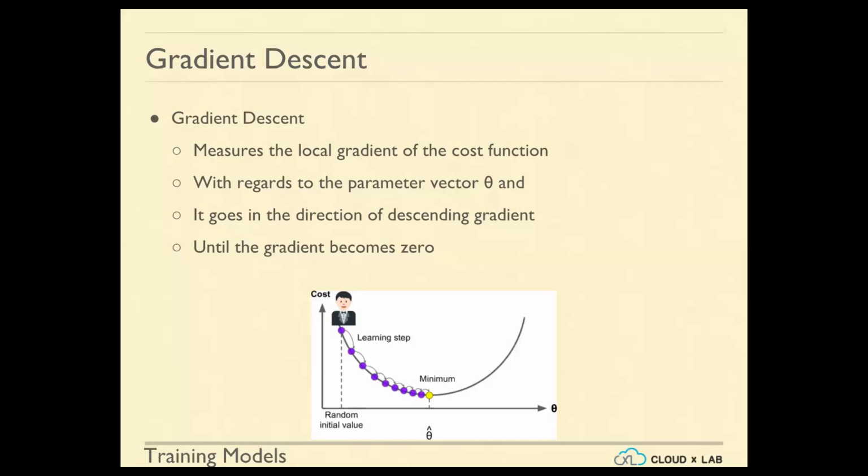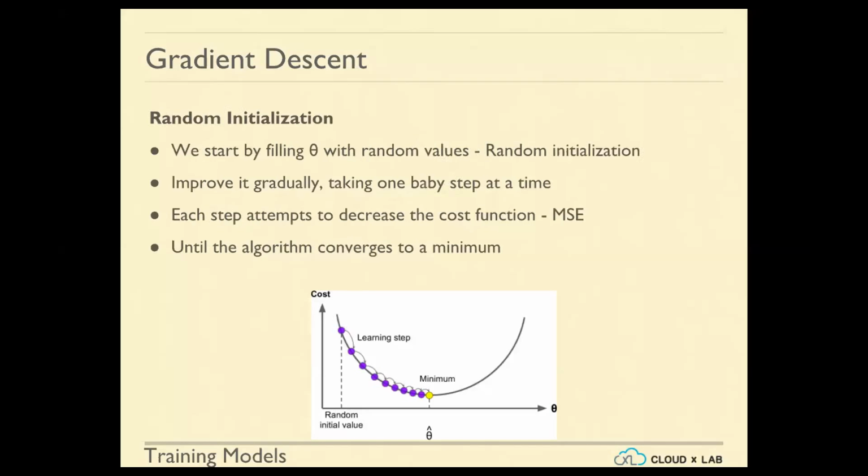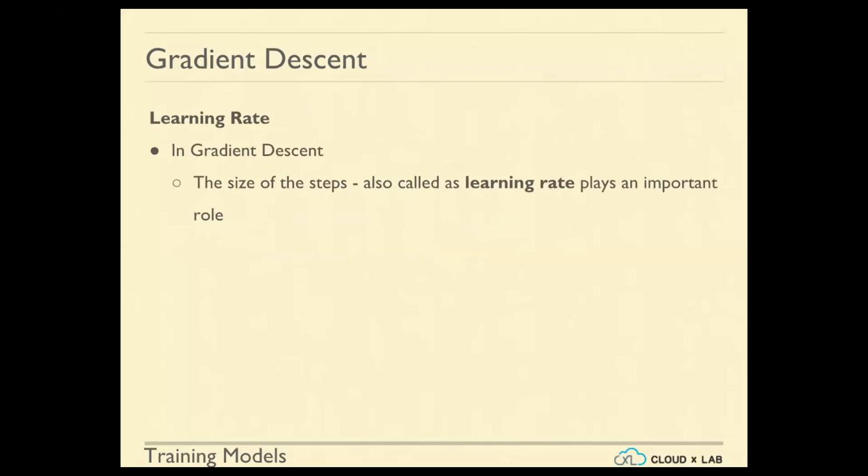All of that is called gradient. We compute the gradient, we start by filling theta with random values, and we improve gradually, taking one baby step at a time. Each step attempts to decrease the cost function until the algorithm converges to the minimum.